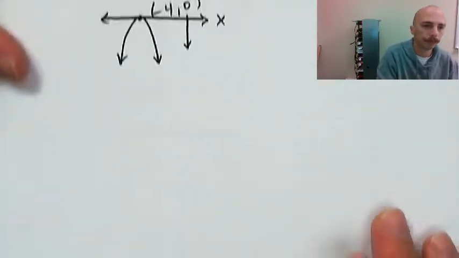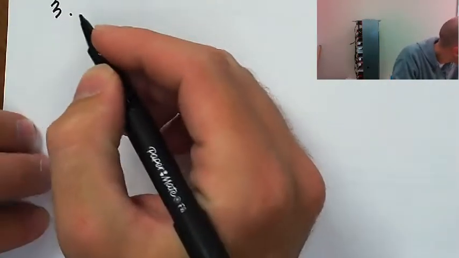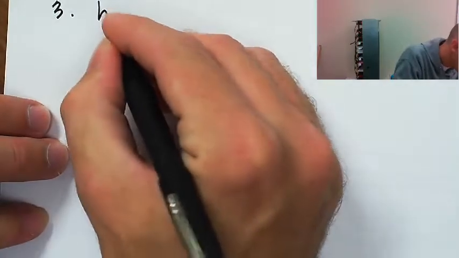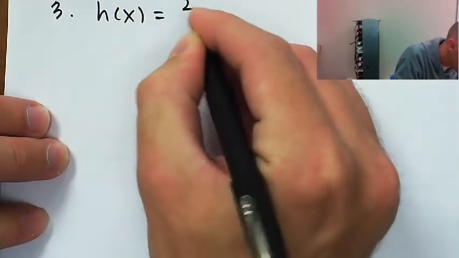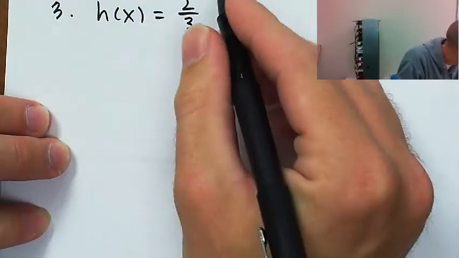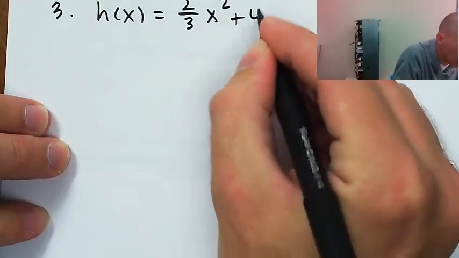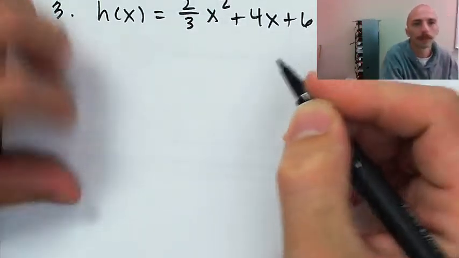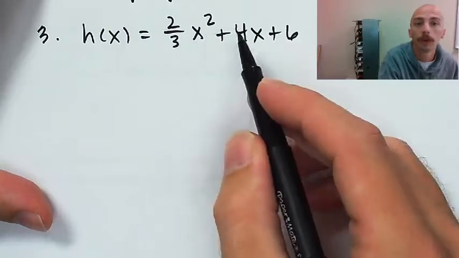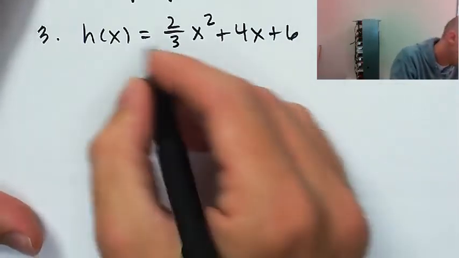All right. Number 3. H of x equals 2/3 x squared plus 4x plus 6. In this case, a is 2/3, b is 4, and c is 6.